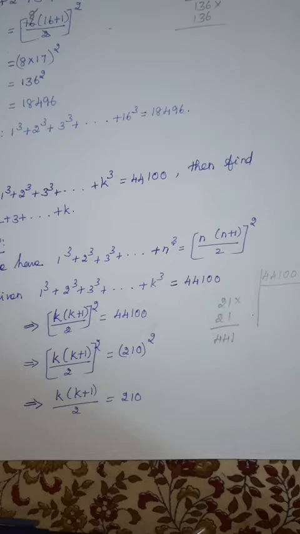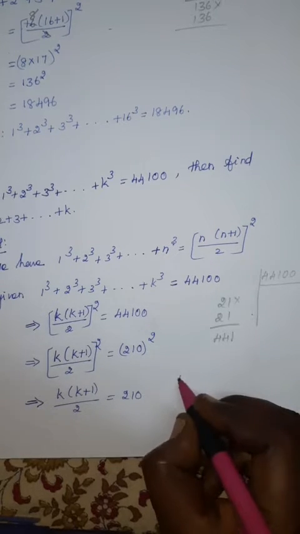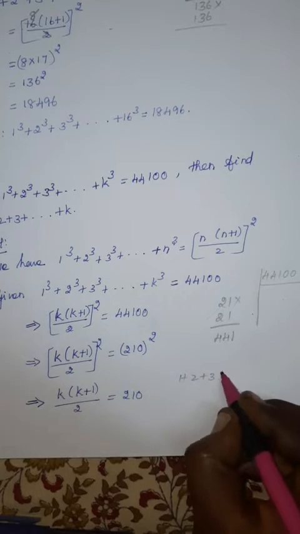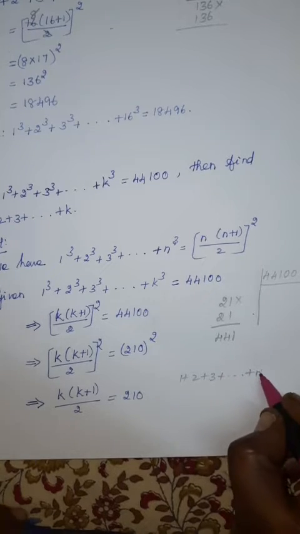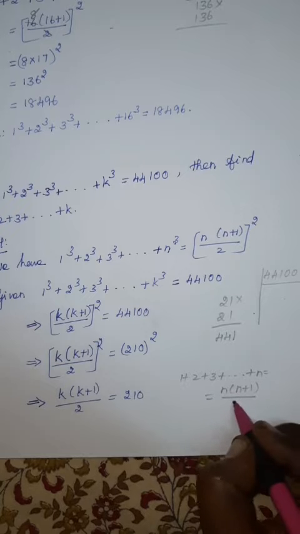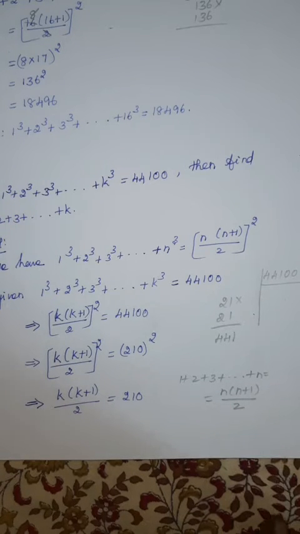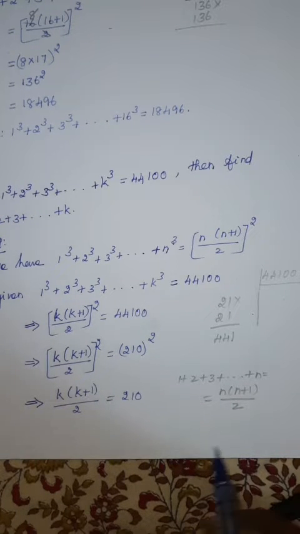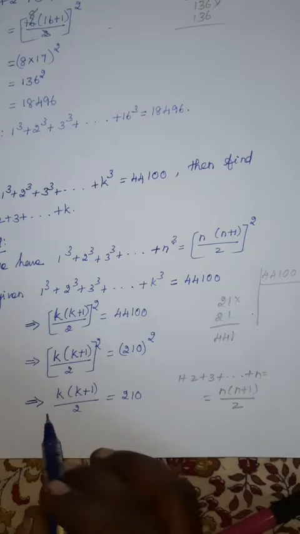But we know 1 plus 2 plus 3 plus etc. plus n is equal to n into n plus 1 by 2. It is the formula for the sum of n natural numbers. The same here, replace n by k.